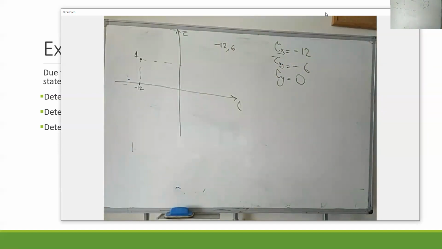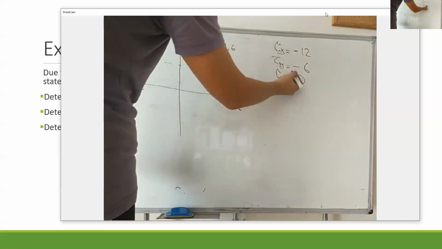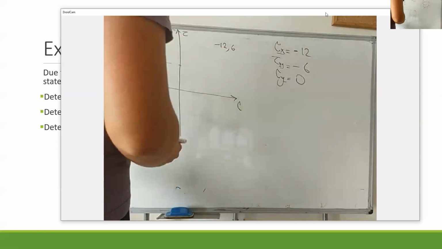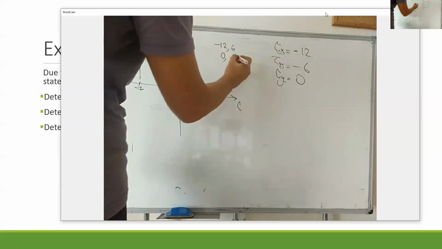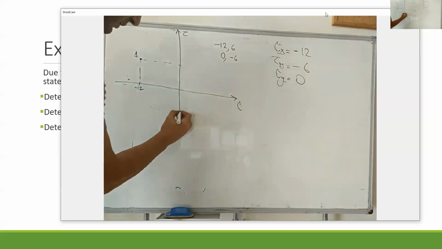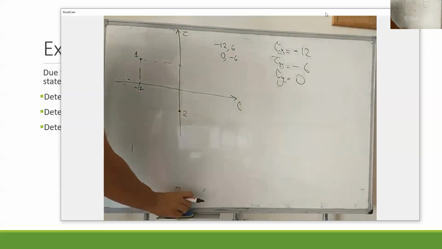And my second point is sigma y, positive tau xy. So the second point is 0, minus 6. So this is minus 6, this is 0, and this is our second point.